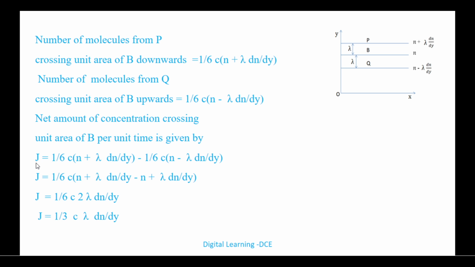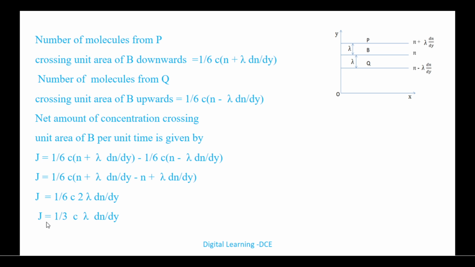Here, this term represents the net amount of concentration crossing unit area of B per unit time, and on simplification we get J = 1/6 C × 2λ dn/dy. Here the plus n and minus n cancel, leaving the 2λ dn/dy term.